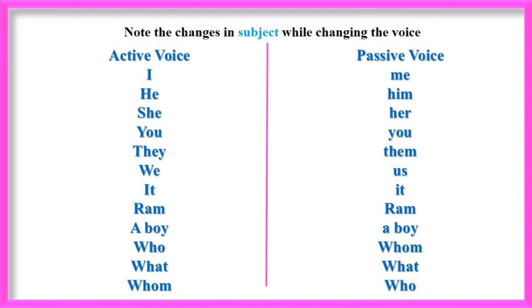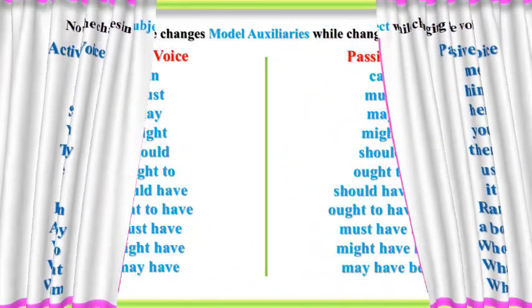They become them. We become us. It remains it. Ram remains Ram. A boy remains a boy. Who becomes whom. What remains what. Whom becomes who.